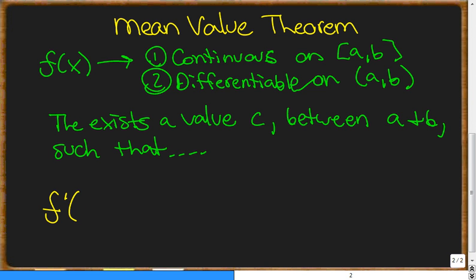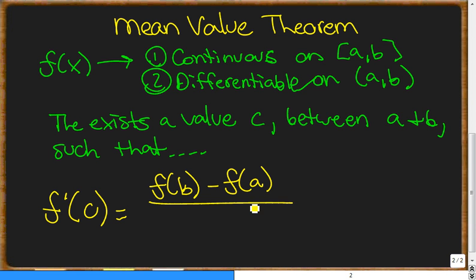F prime of c equals f of b minus f of a all over b minus a.